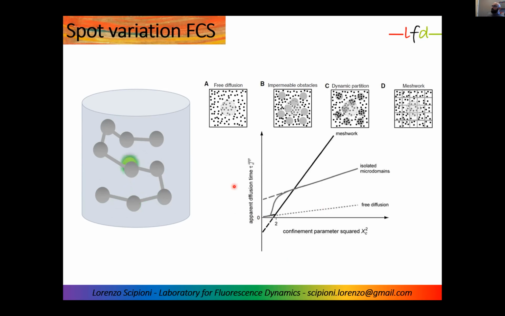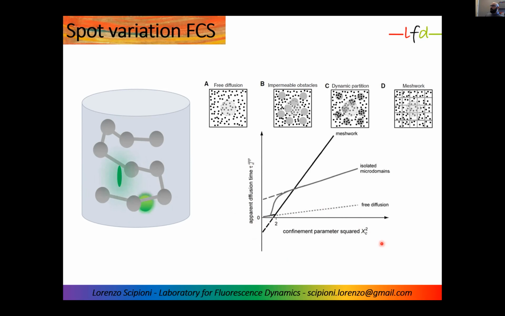So you see that these curves are the apparent diffusion time over a confinement parameter, which is proportional to the waist squared of your illumination volume, right? To construct these curves, you need several illumination volumes.